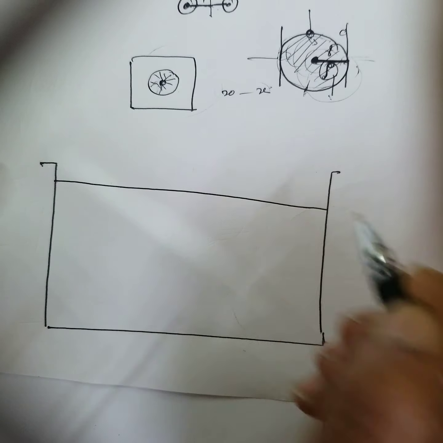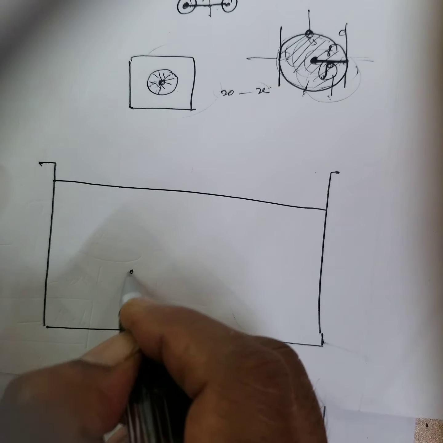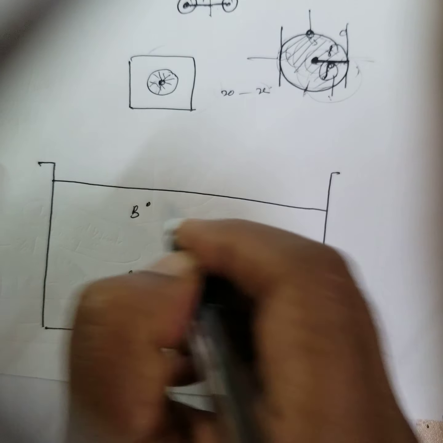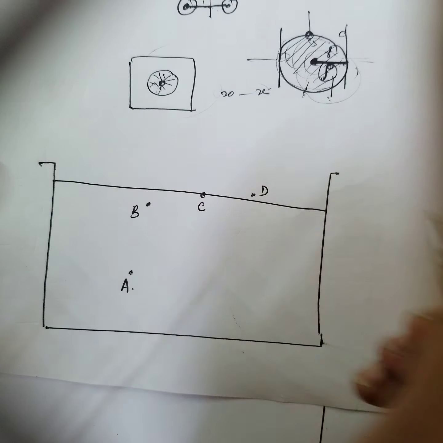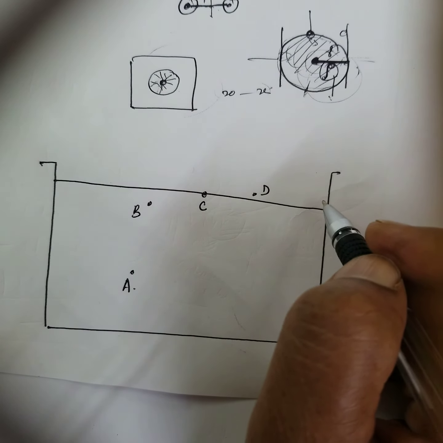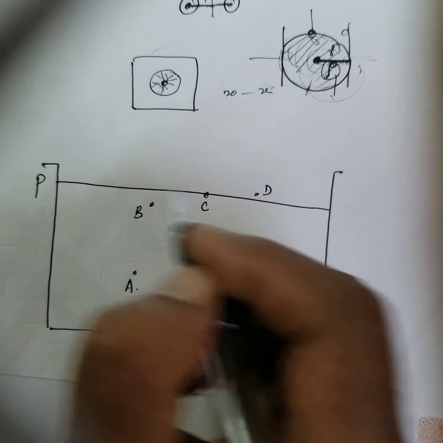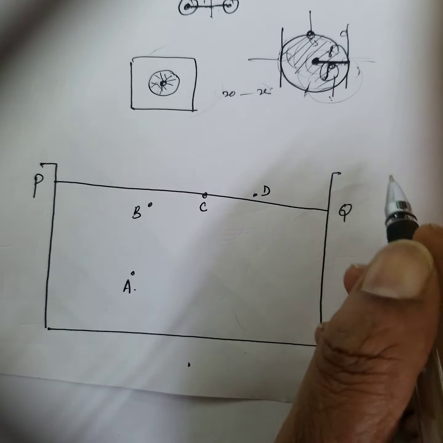This is the surface of water. Consider a molecule here at A, another molecule somewhere here at B, another molecule at C, another molecule just D. Now this is surface, P and Q is the surface. Okay, surface of the molecule.